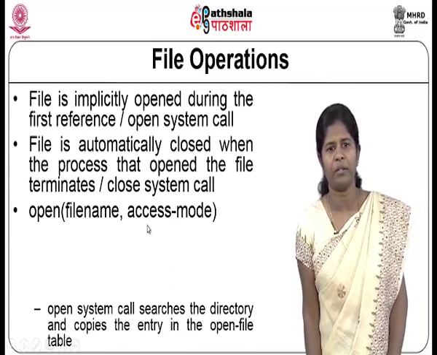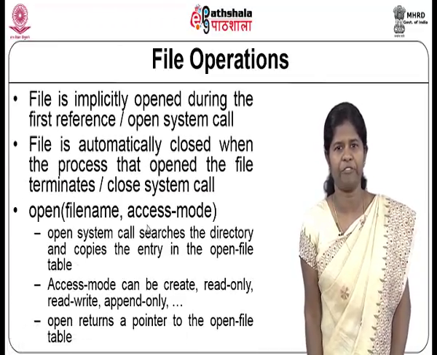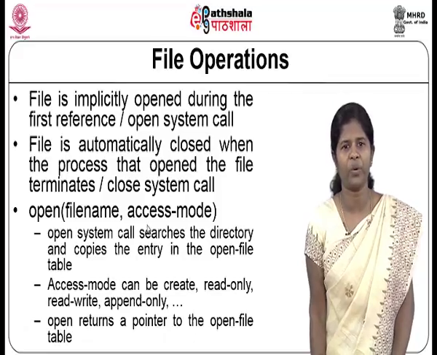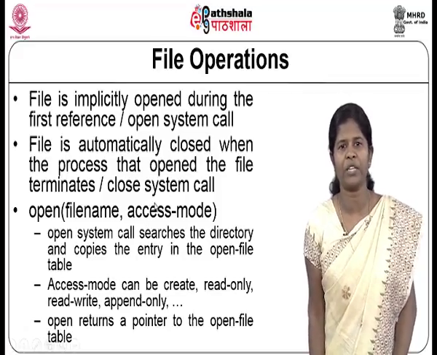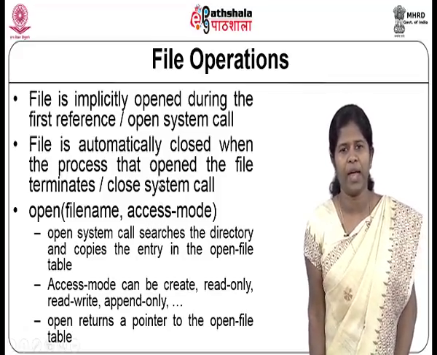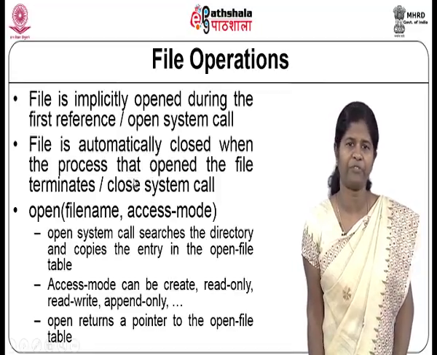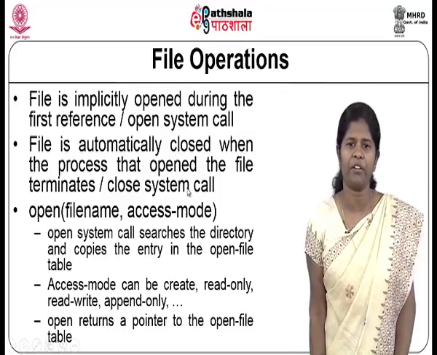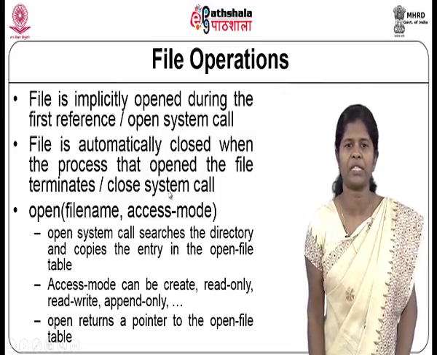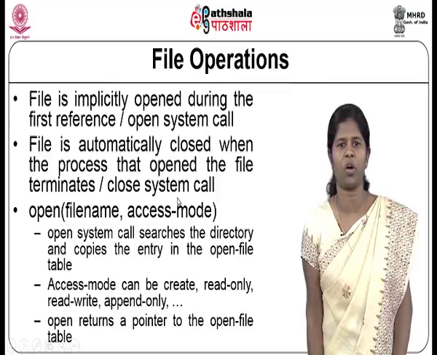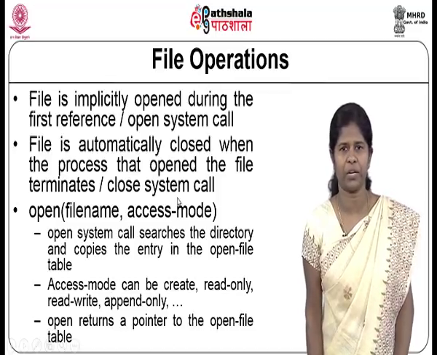During the first reference to a file or during the open system call, the file is implicitly opened, and when the process terminates, or during a close system call, the file is automatically closed.